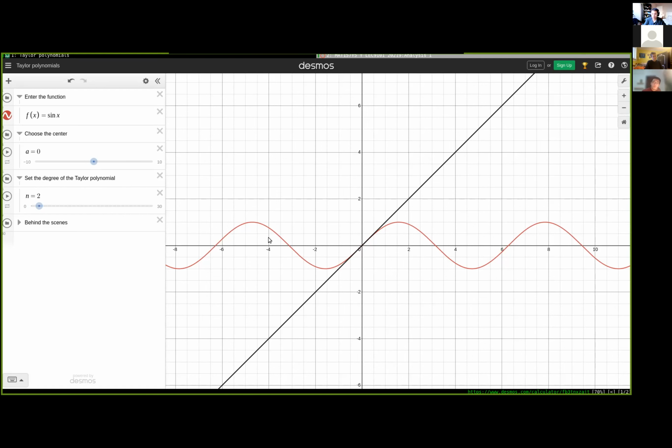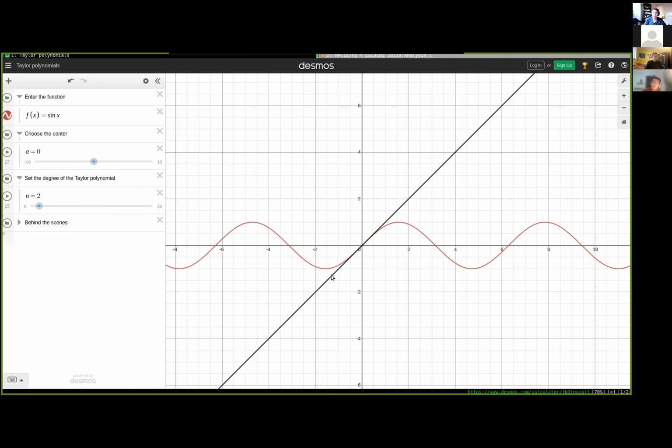Because we said the second order Taylor polynomial exists, but doesn't really add anything. Okay, third order. So this is going to be x minus x cubed over 6. Oh, look at that, right? Really nice. So here, let's go back between 2 and 3. And so what I really want you to do is to look at here, right?